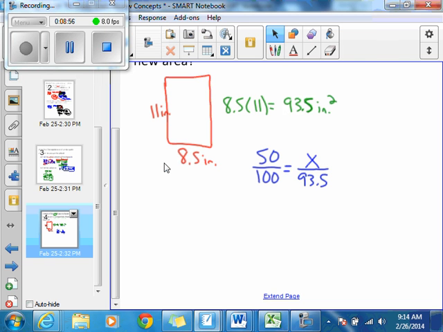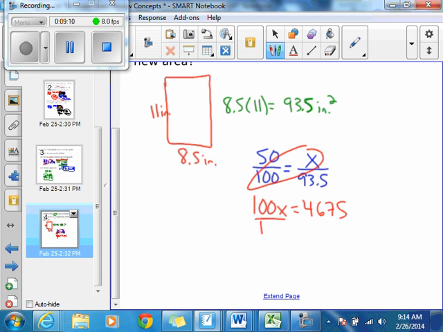Fill in the blank with an X. If we cross multiply here, we get 100X equals 4,675. We divide by 100. We get X equals 46.75. That would be inches squared.